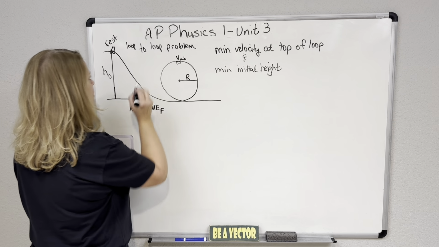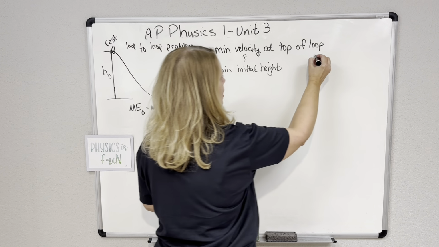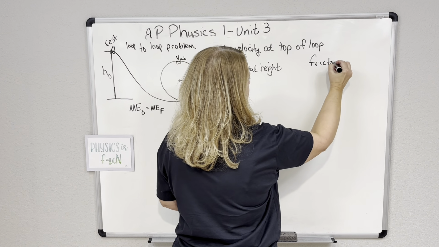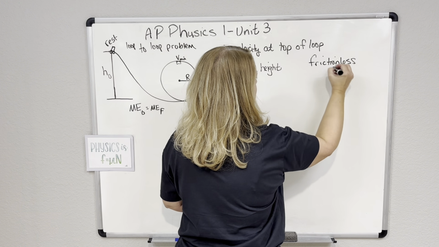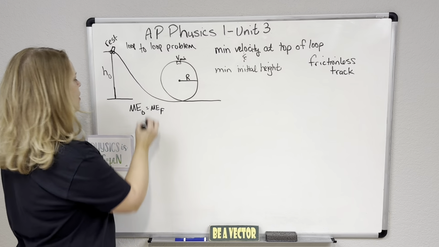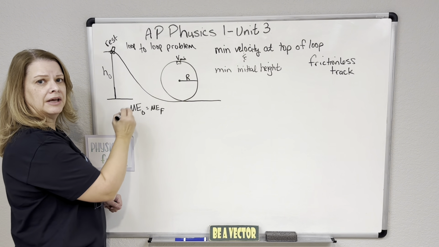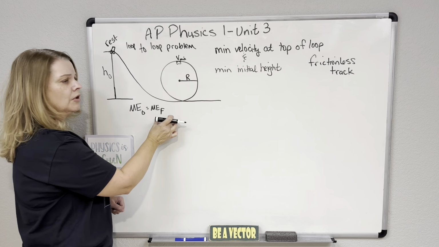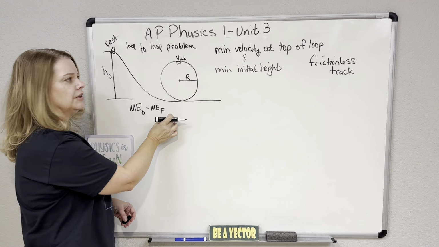And they're also going to tell you that this is a frictionless track, so we're not going to have to worry about friction here, which means that all of your potential energy and kinetic energy at the beginning will equal all of your potential and kinetic energy final.